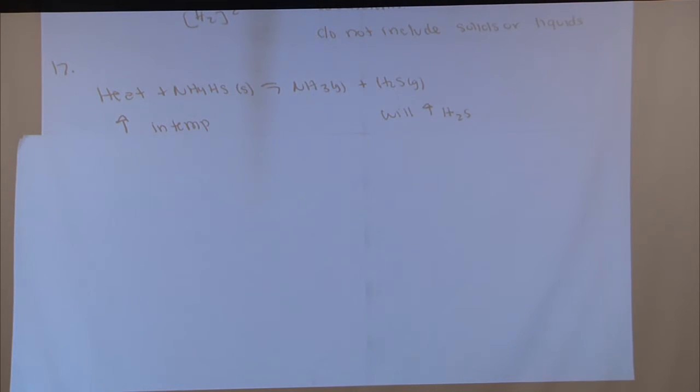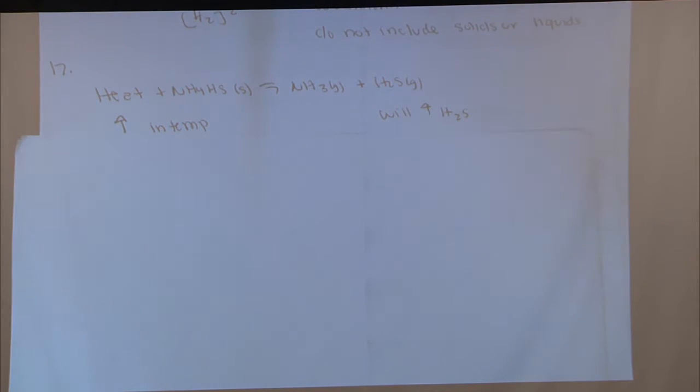So the choices were either a decrease in the volume of the reaction vessel at constant temperature, an increase in the amount of NH4HS in the reaction vessel, an increase in temperature, or all of the above. They want to say which one of those would result in the formation of more H2S.